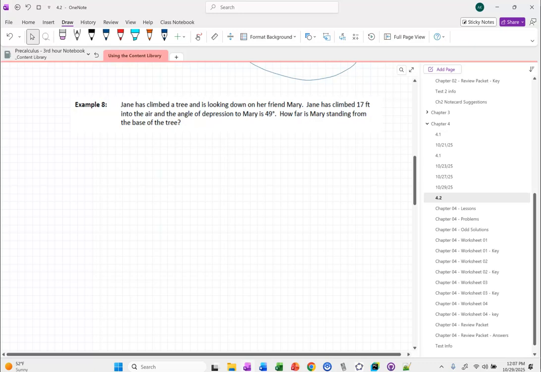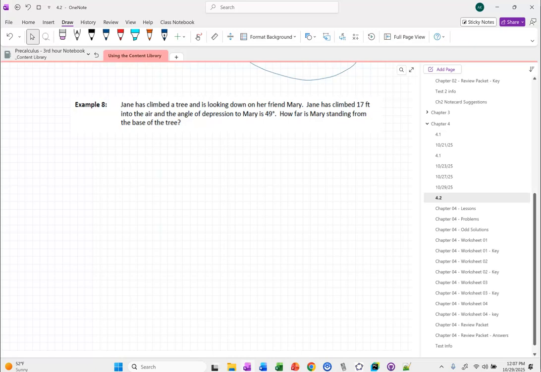The next problem says Jane has climbed a tree and is looking down on her friend Mary. Jane has climbed 17 feet into the air, and the angle of depression to Mary is 49 degrees. How far is Mary standing from the base of the tree? Okay, let's start drawing our picture.